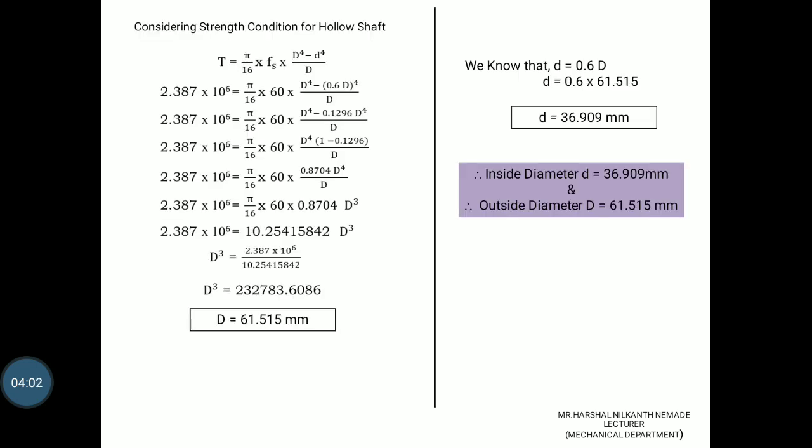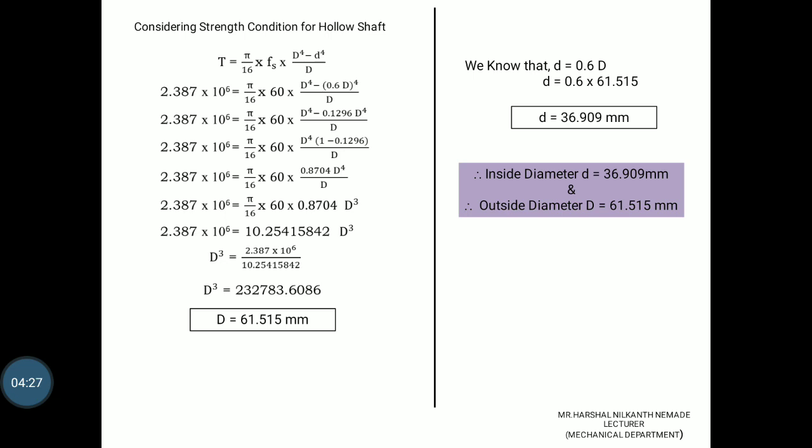Considering the strength condition for hollow shaft, formula is T is equal to pi by 16 multiplying Fs into D raised to 4 minus small d raised to 4 divided by D. Substitute all the values. See the steps how I have calculated. I will get from this formula capital D value, that is 61.515 mm.